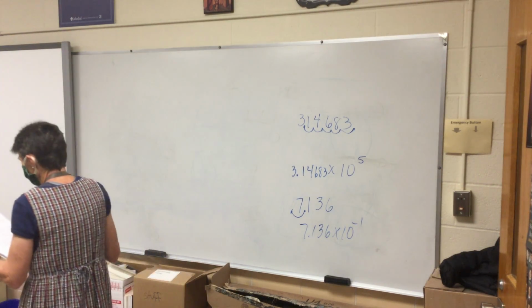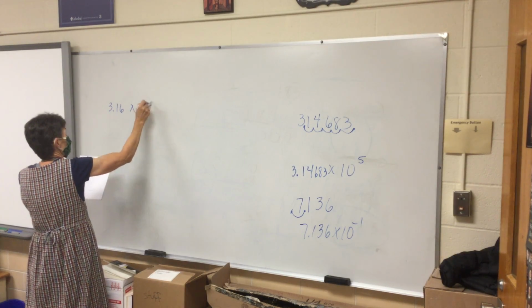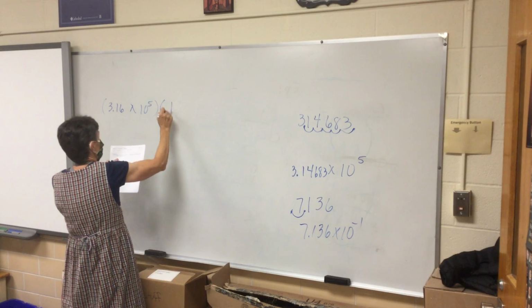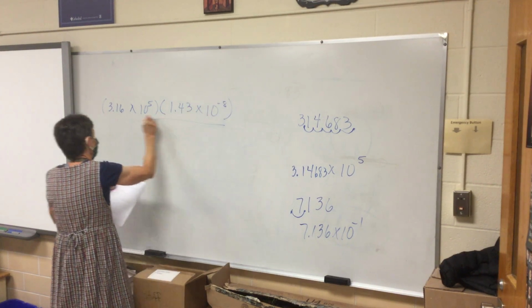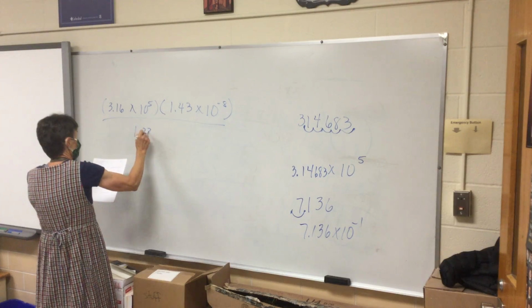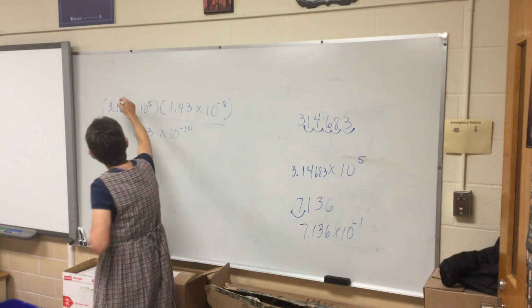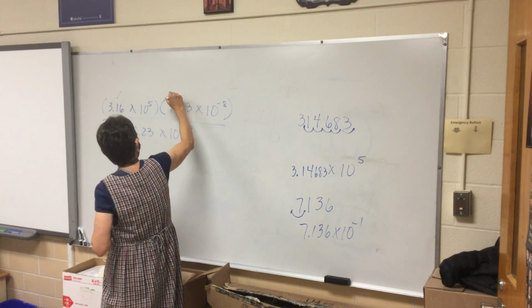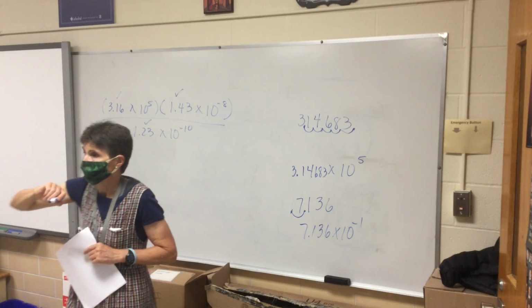What's 3.16 times 1.43? So what I'm going to do, guys, is I'm going to multiply this times this and divide by this.